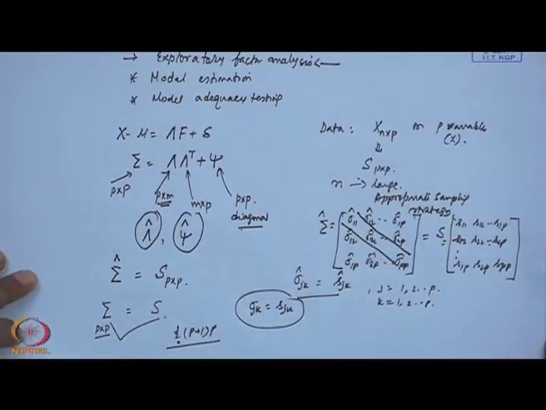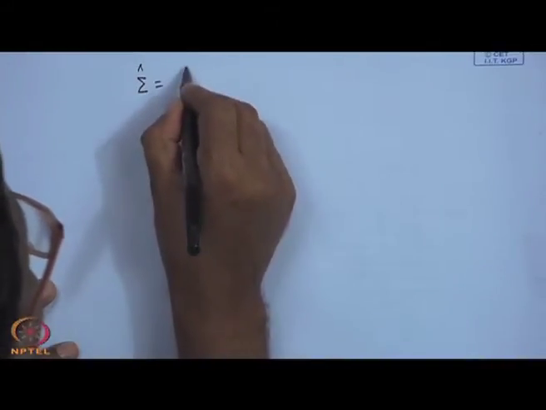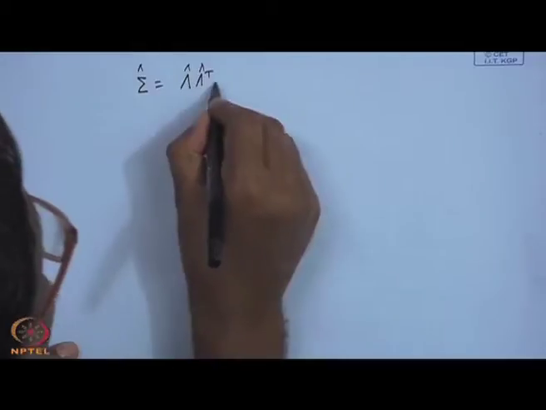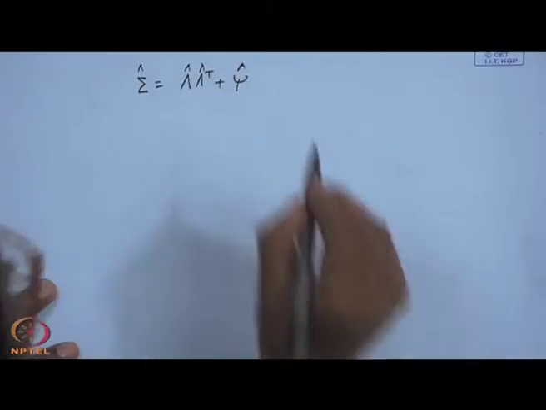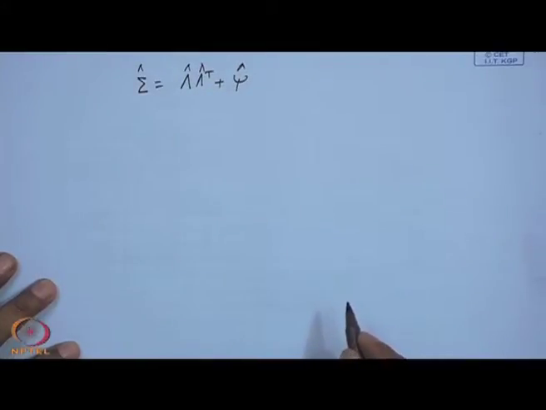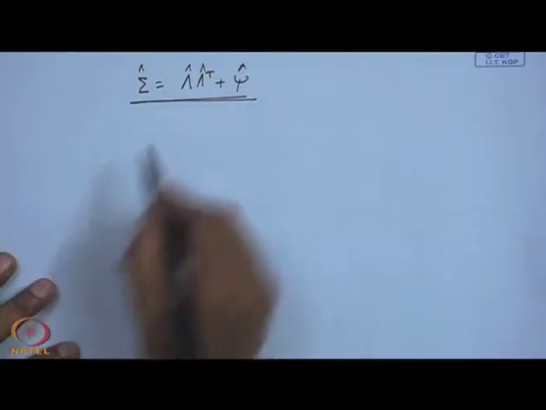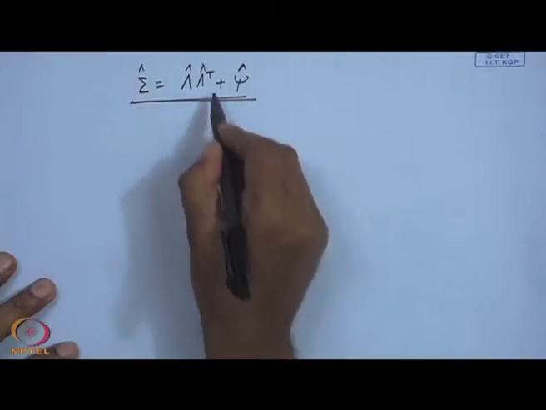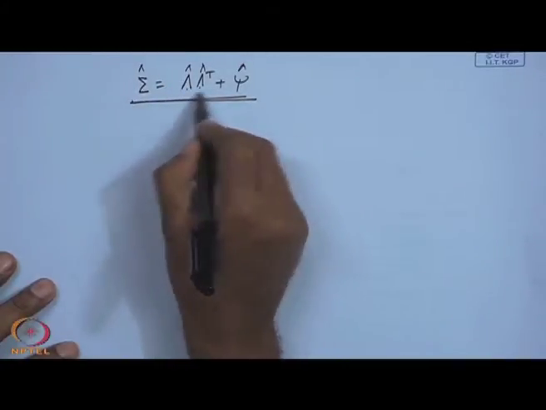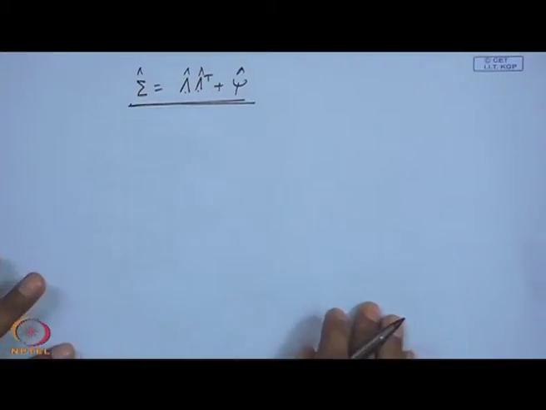That means essentially what we are assuming here is that we want to estimate sigma, which is lambda cap lambda cap transpose plus psi cap. That is what we want to do. Basically, using these estimates, we want to find out estimates of these values.